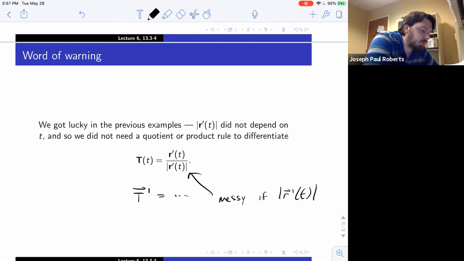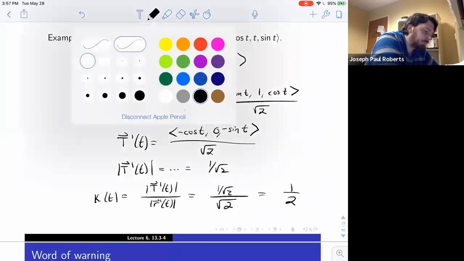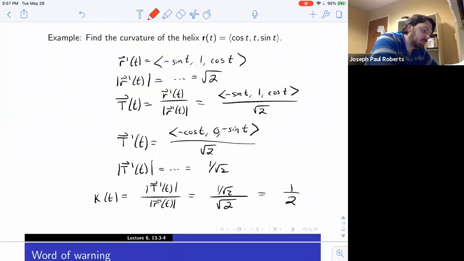If you have this denominator that's complicated, then taking T prime is going to be a mess. It wasn't a factor here because the Pythagorean theorem magically made the length of R prime square root of 2. So this didn't depend on T.